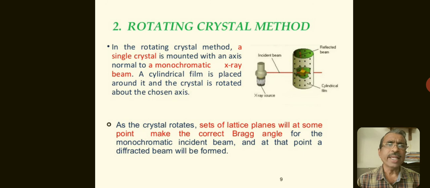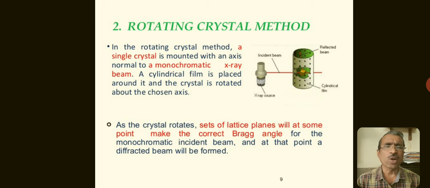In this rotating crystal method, a single crystal is mounted with an axis normal to a monochromatic X-ray beam. A cylindrical film is placed around it and the crystal is rotated about the chosen axis.